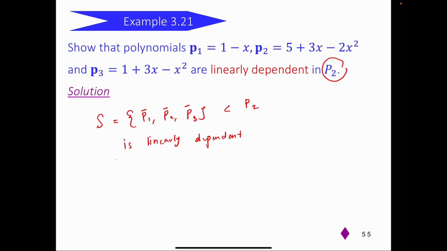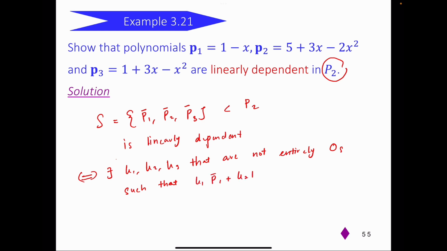So to show that S is linearly dependent, we have to show that there exist K1, K2, K3 that are not entirely zeros, such that K1 P1 plus K2 P2 plus K3 P3 is equal to the 0 vector in P2.